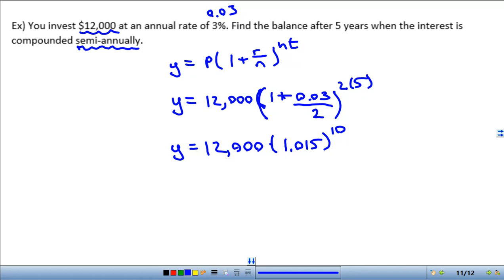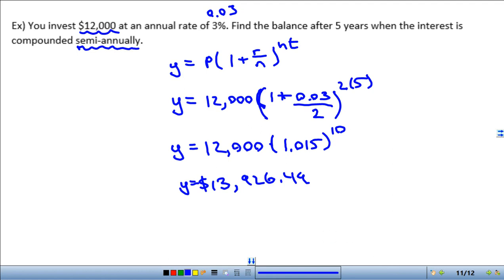That's 1.16, and now I'm going to multiply it by the principal, which is 12,000. That's going to give me 13,926.49. That's how much I get after 5 years, including my principal as well.